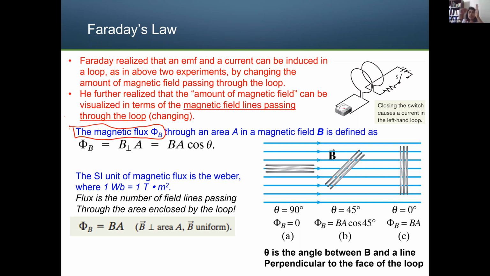Especially, you are changing the magnetic field when you bring it closer to the coil, because you have a stronger magnetic field, right? In the second one, by switching your switch on and off, there is no cosine theta or anything that changes. What changes is actually B. So whichever changes, magnetic field, cross-sectional area, or angle, will affect this induced EMF, which is related to the magnetic flux that we're going to discuss here.